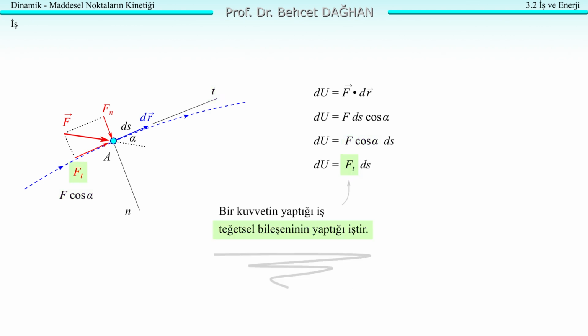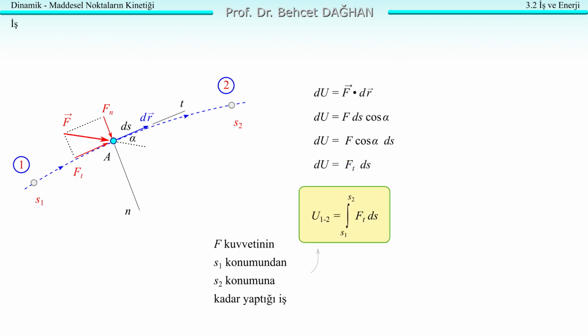It says that the work done by a force is the work done by its tangential component. The work done by a force is equal to the sum of the work done by its components. But here, the normal component is not doing any work. Therefore, the work done by the force F is equal to the work done by the tangential component. This is the result we obtain.